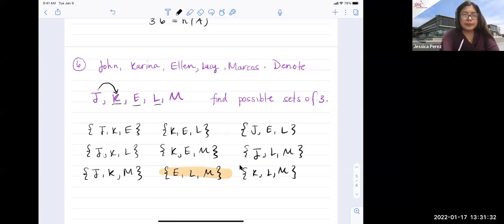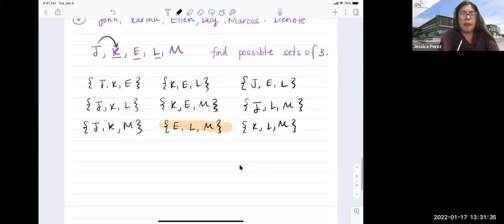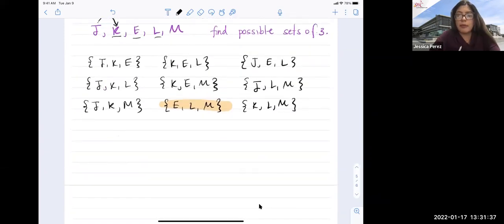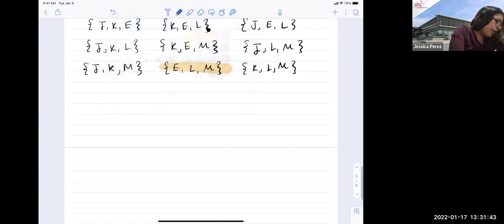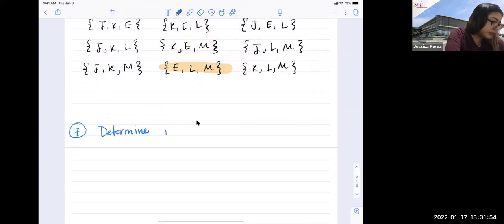Okay. All right, moving on. Let us move on to question 7. So question 7 is, let's say, determine if we have a set or a subset.